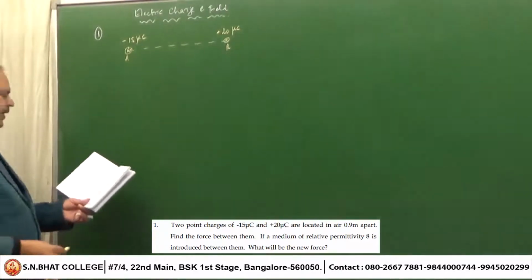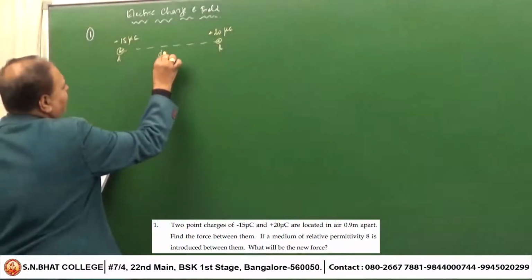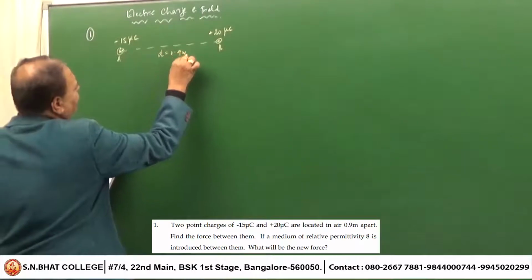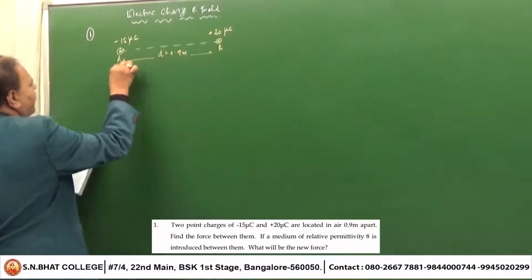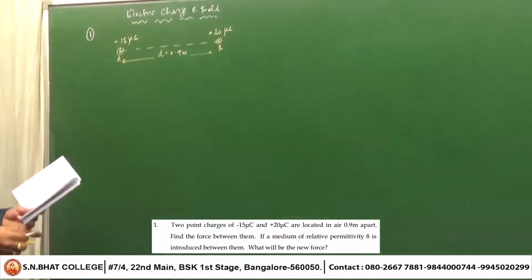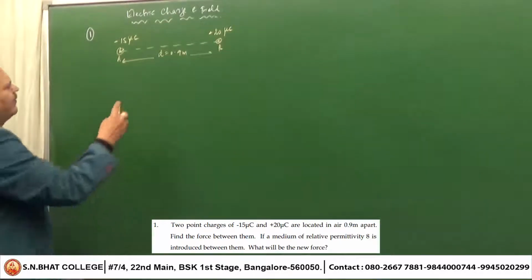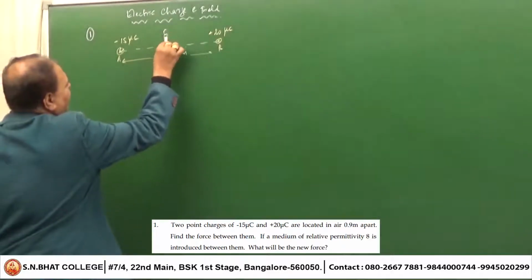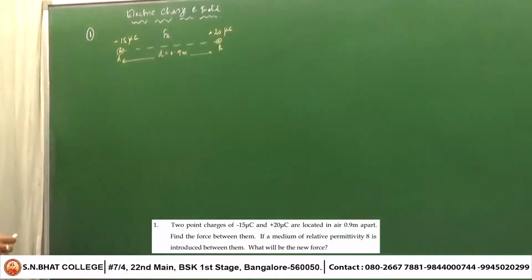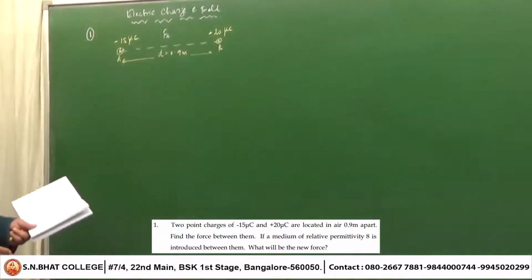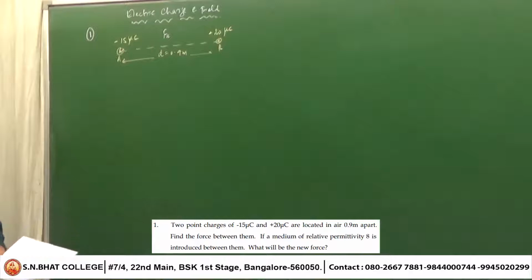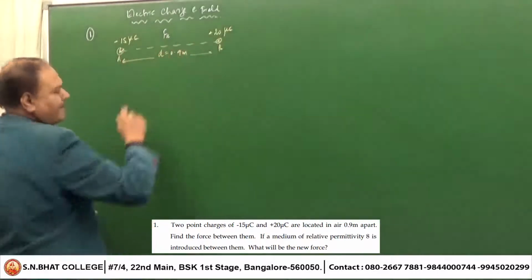They are separated by a distance of 0.9 meters in air. Now find the force between them when they are in air. Then he introduces a medium of relative permittivity 8 in between them.